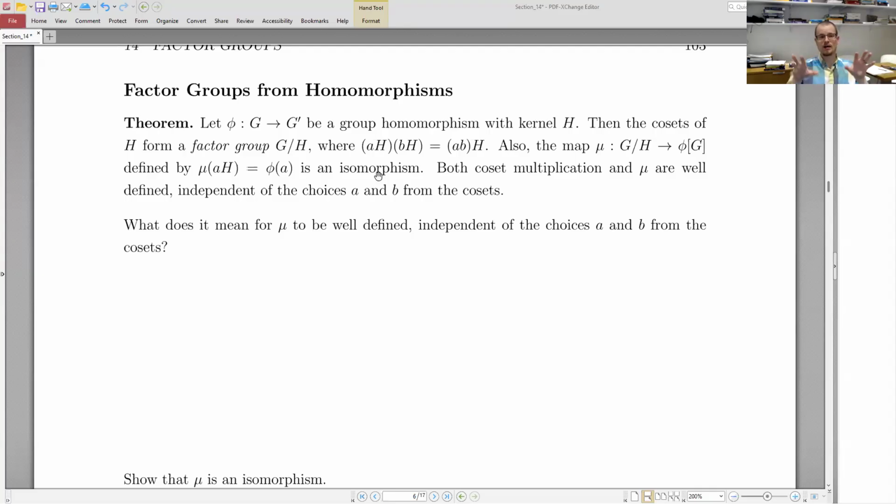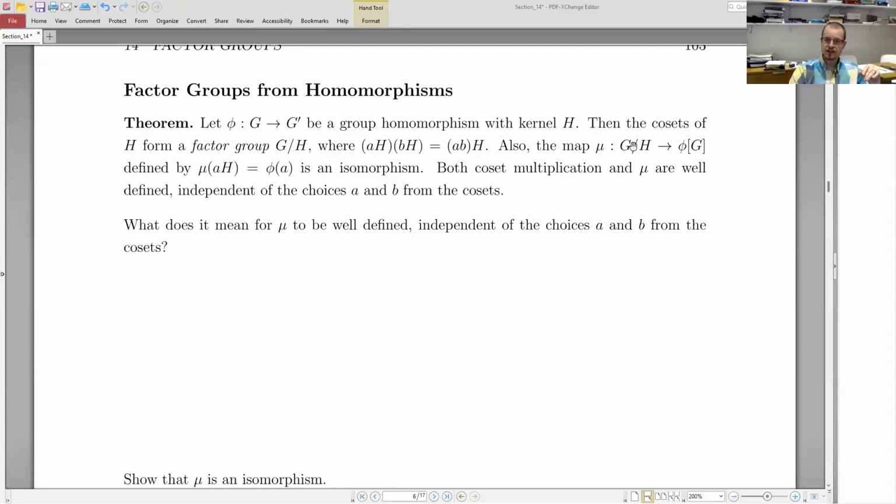That's how we observed that, with this equivalence relation, the equivalence classes of our equivalence relation were the same thing as our cosets. So there was an isomorphism between them, and that's exactly what they're talking about.